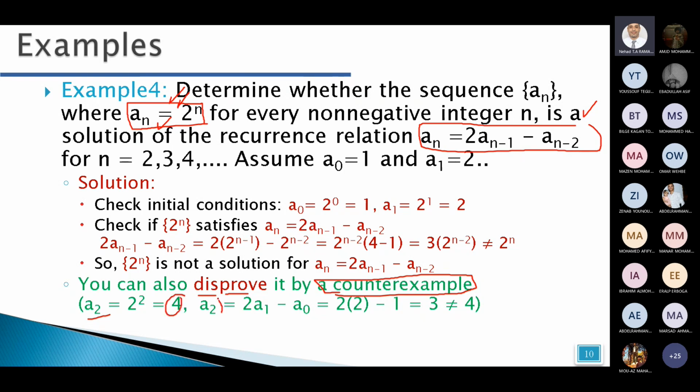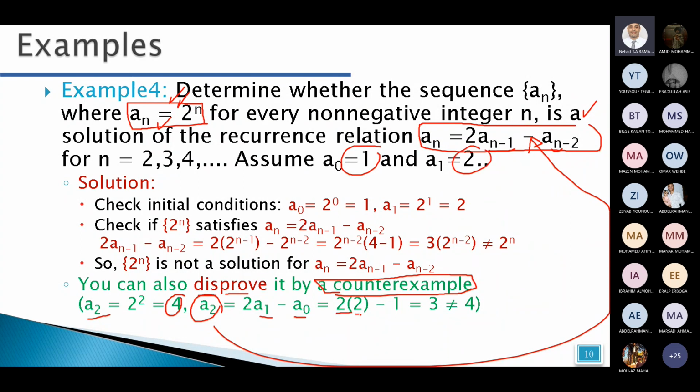Now get a2 from the recurrence relation. It's 2 multiplied by a1, because for a2, 2 minus 1 is 1, so a1, minus a0, since 2 minus 2 is 0. A1, sorry, it's 2 here.